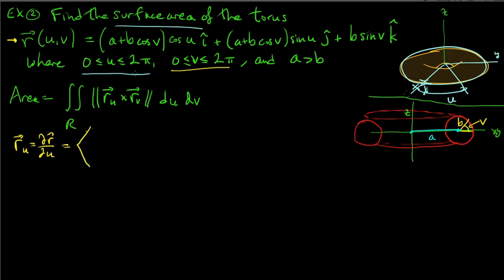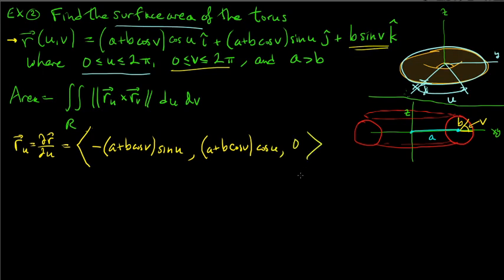I know I go back and forth, but you'll see why in a second. So this will be negative (a plus b cosine v) times sine of u, right? The second component of the vector here, the partial of y with respect to u, will just be positive (a plus b cosine v) times the cosine of u. And then the third component with respect to u will be 0, right?